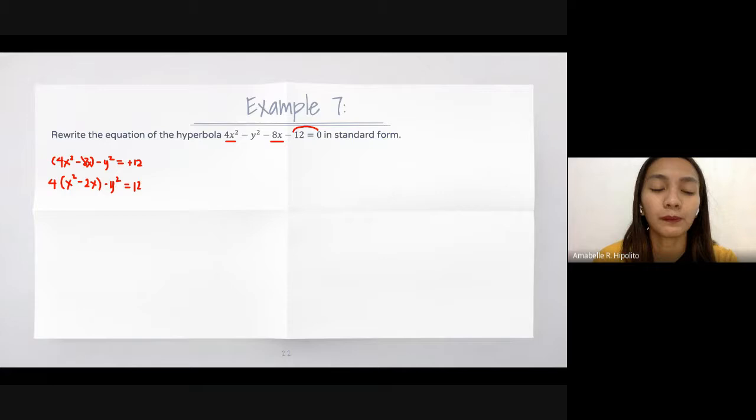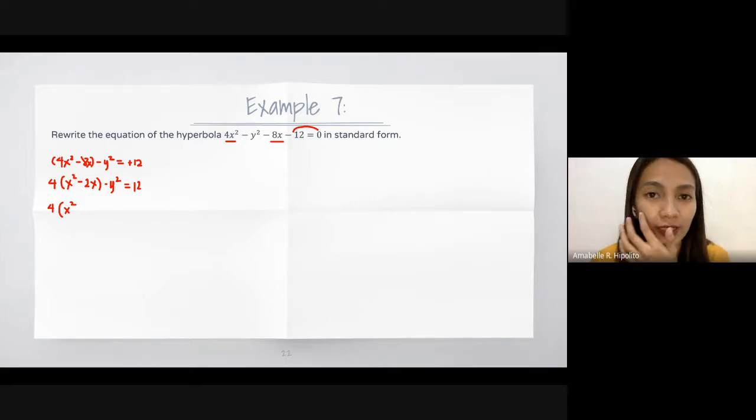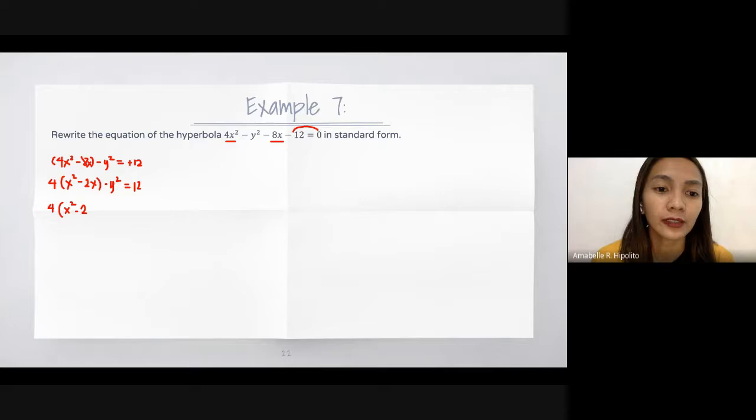Next step is to do the completing the square. So, magko-completing the square tayo dito. Okay, so we have 4, x squared. Okay, so since this is negative 2, divide natin by negative 2. So that is positive 1. And then, squared natin yung positive 1.